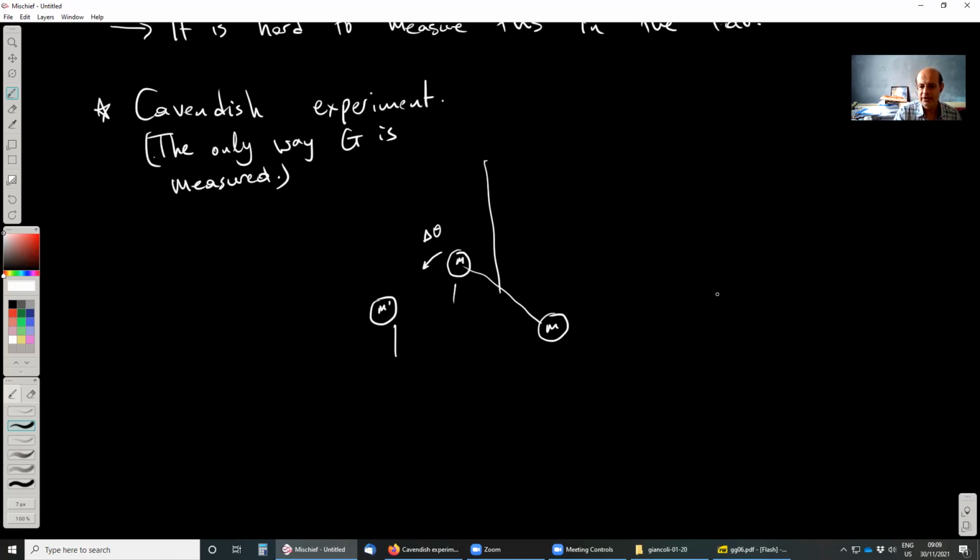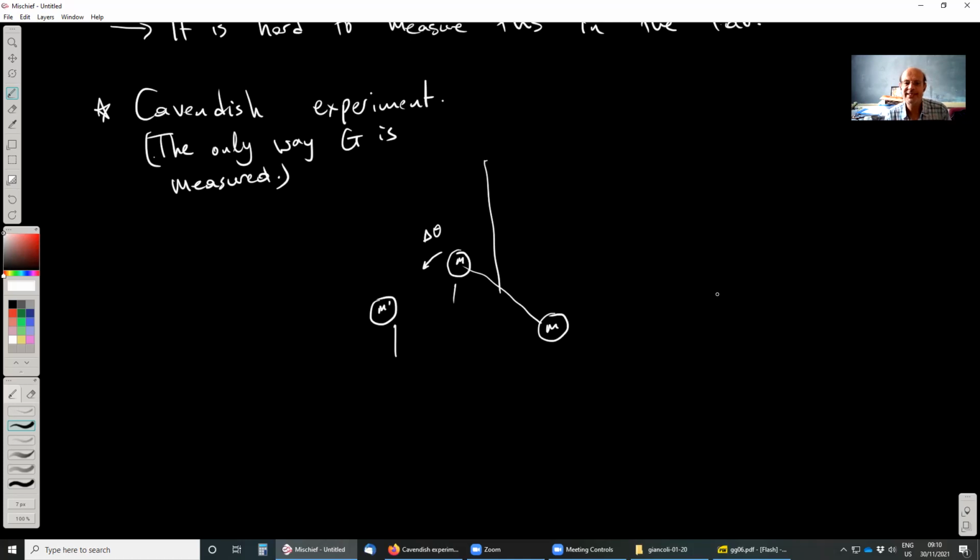Before that, Newton only guessed the value of that gravitational constant, right? It was just a guess because he had some idea about the size of the Earth, and he had some idea about the density of the Earth. He also knew the value of gravity at the surface of the Earth.